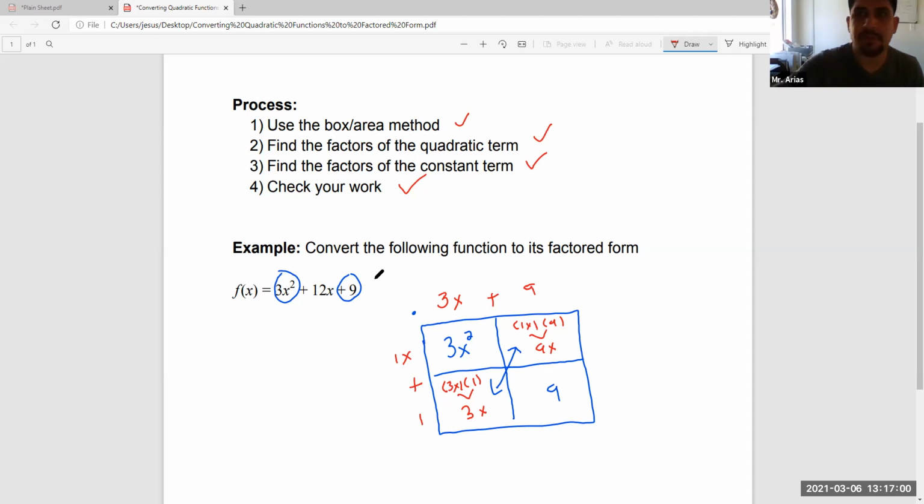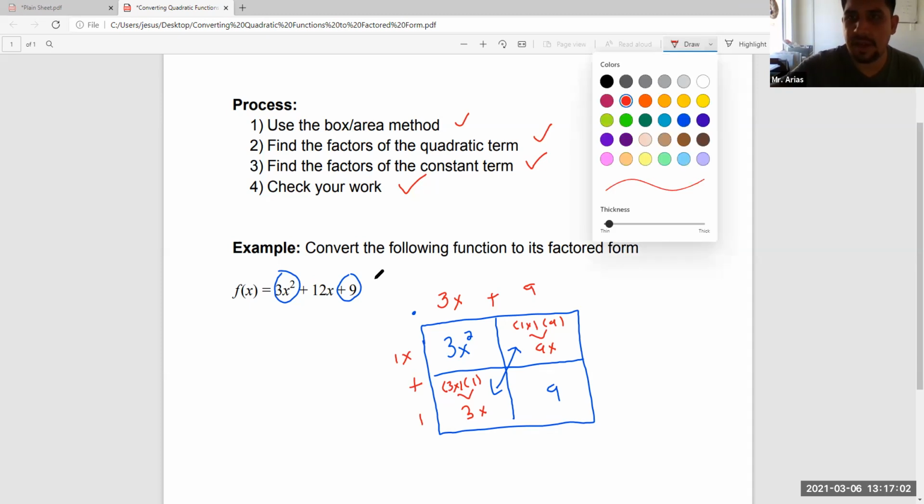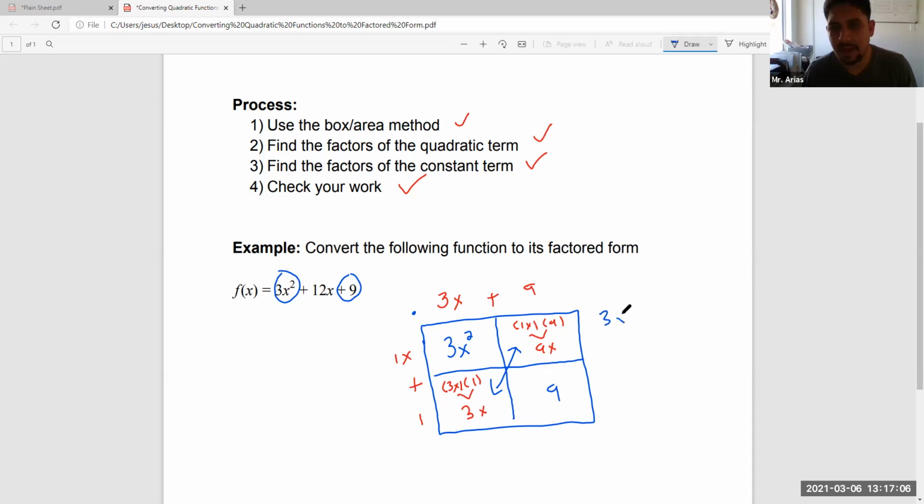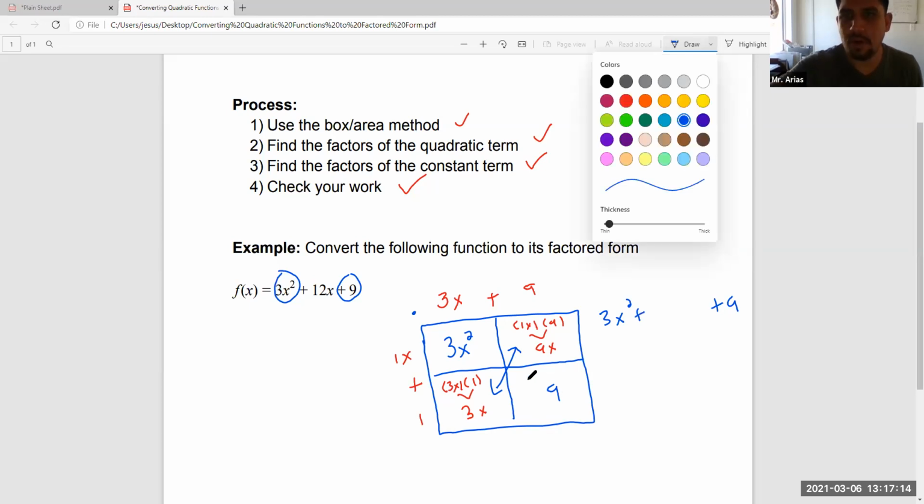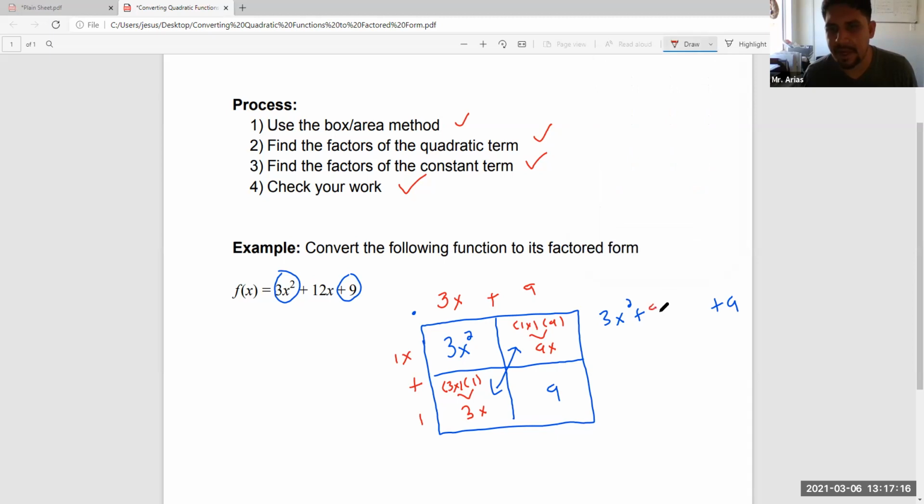So in this case, I'm just going to take all my terms outside in the following way. So I'm going to take my 3x to the power of 2 and my positive 9 outside. And then we're going to just take the 3x and the 9x also, and I'm going to place them right here. And if you notice, what's going to happen is that 9x and 3x are like terms.